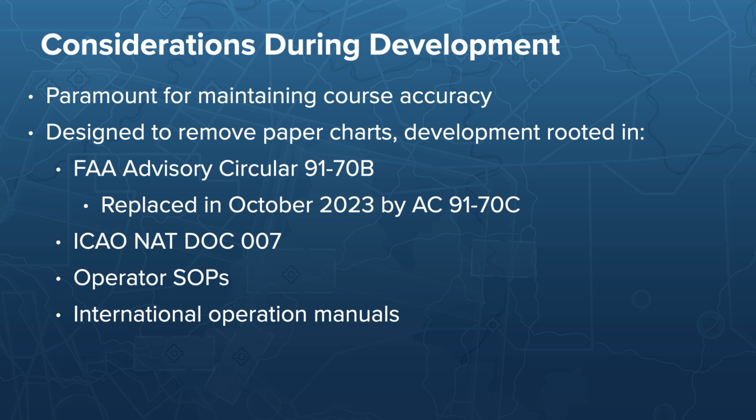While this feature was designed to improve efficiency and remove one of the last remnants of paper charts in the cockpit, our development was rooted in the guidelines set forth by the FAA Advisory Circular 91-70B and the ICAO North Atlantic Track Manual 007.